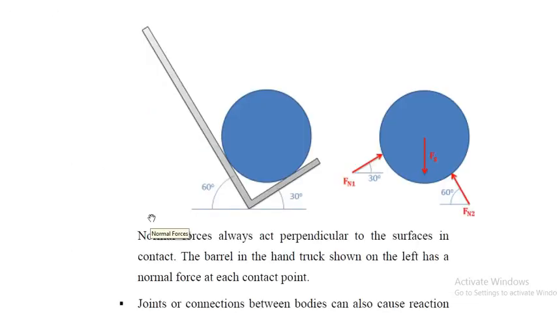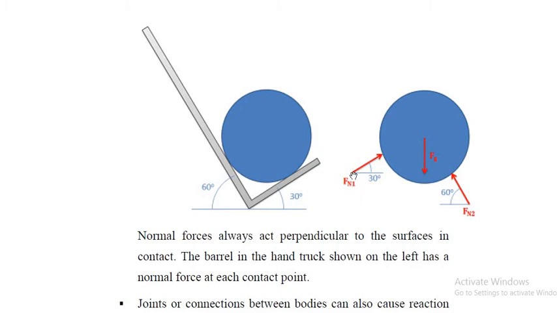In this figure, if you see, a ball is standing on a support. This support is a right angle triangle. What are the forces acting on the ball? This part is at 30°, and this part is 60°. If you analyze this figure, the free body diagram will be like this.